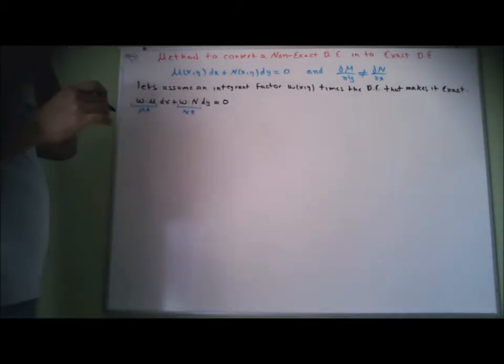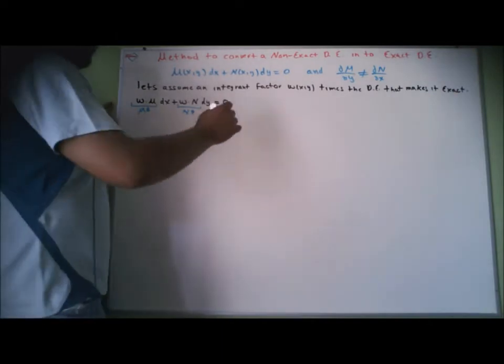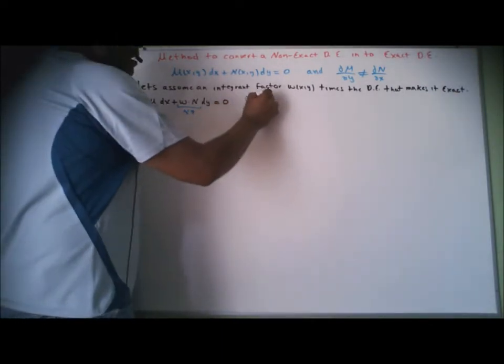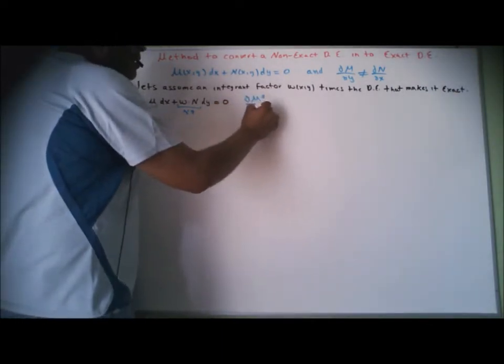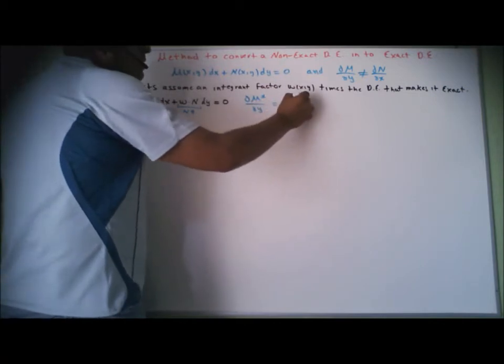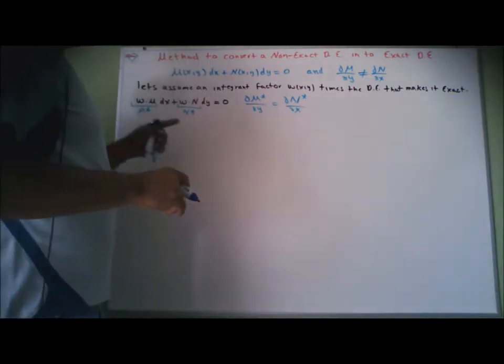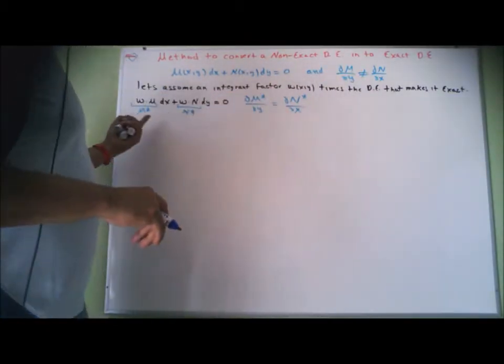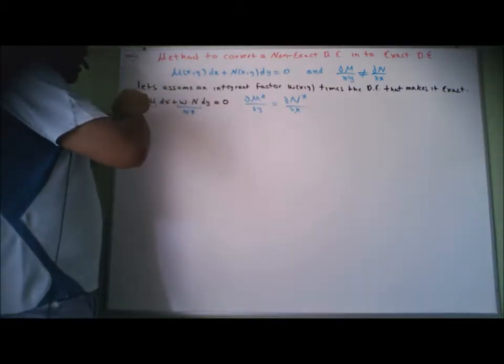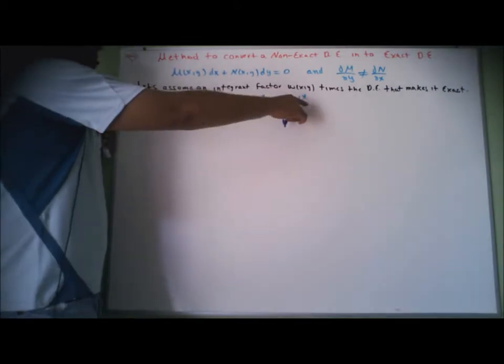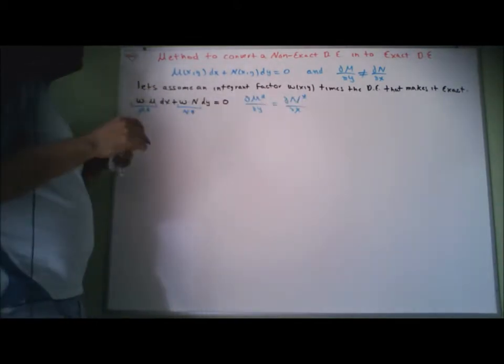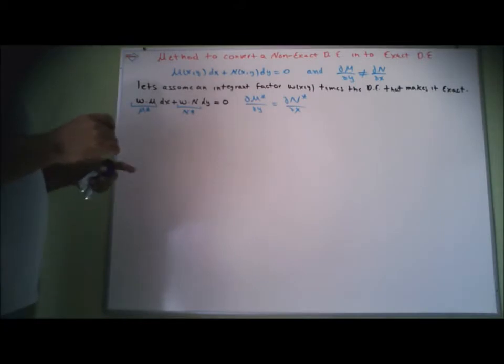Now, according to the theory, if that integrating factor is good, then the partial of M star with respect to y is equal to the partial of N star with respect to x, which were not equal previously, but now M star is w times M and the new N star is w times N.